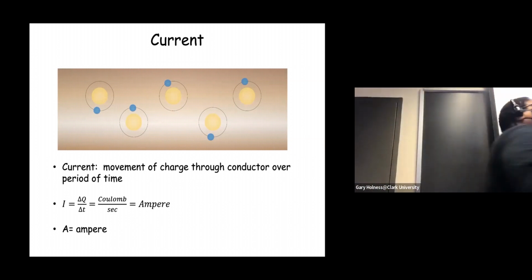And ampere, again, is also somebody's last name. And so when you talk about the rate of flow of charge through a conductor, that's called an ampere, and that's called current. Okay, any questions about this? Make sense? No? Okay.